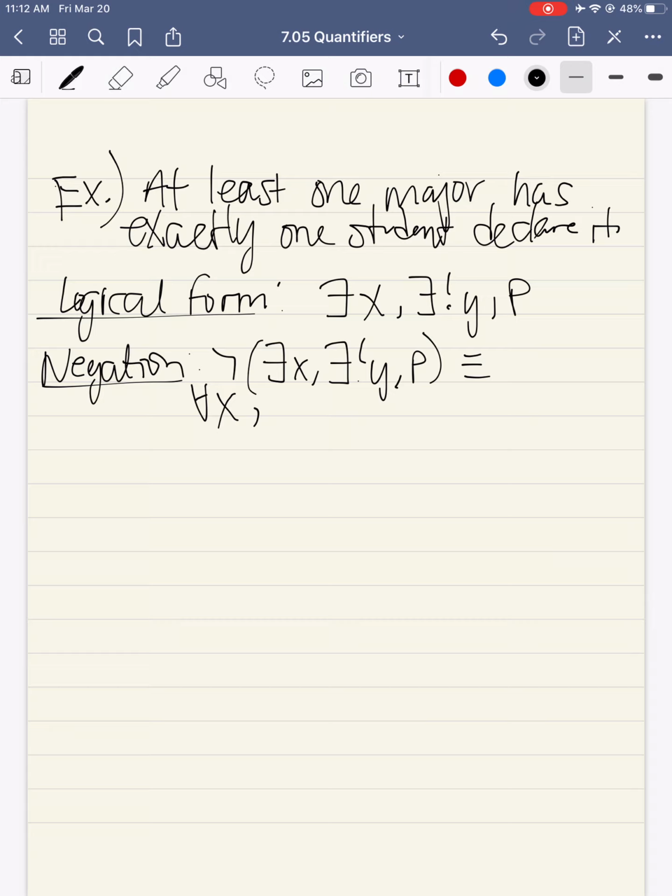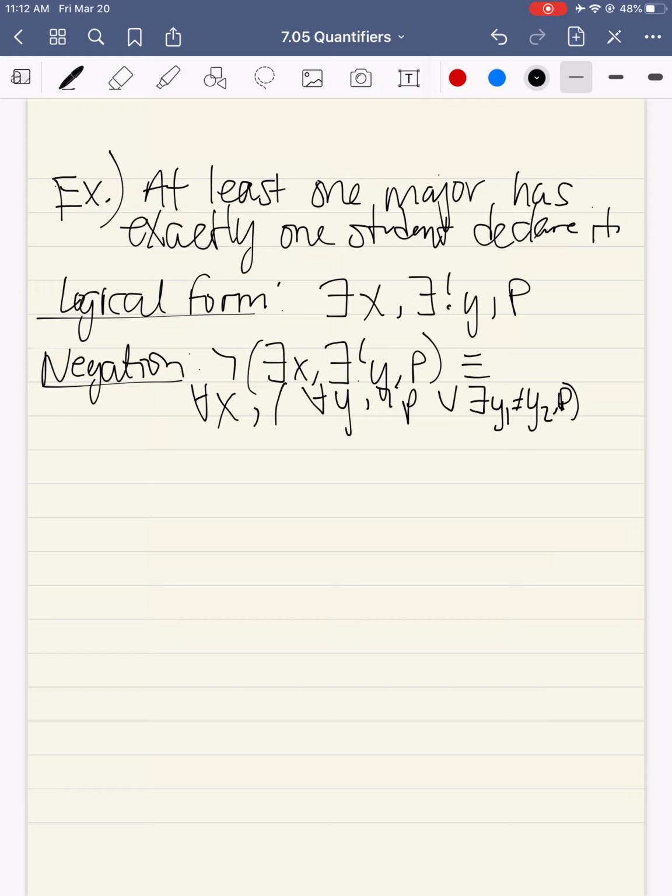Just like we did with our logical connectives, I'm going to put this in parentheses just so that we know that this for all x is going to apply to both of these terms. So for all x, either for all y not P, or there exists at least two y, P.